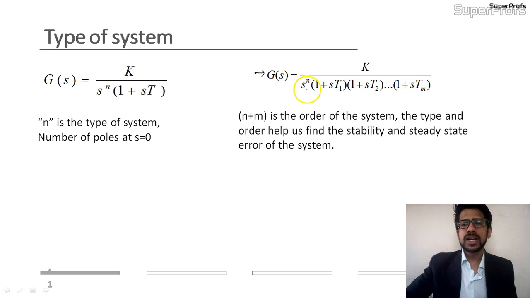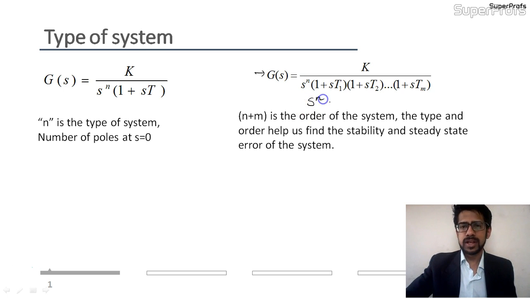Now, if you multiply this s raised to n with each of these terms, the polynomial that you will get in the denominator will have its highest power as s raised to n plus m.